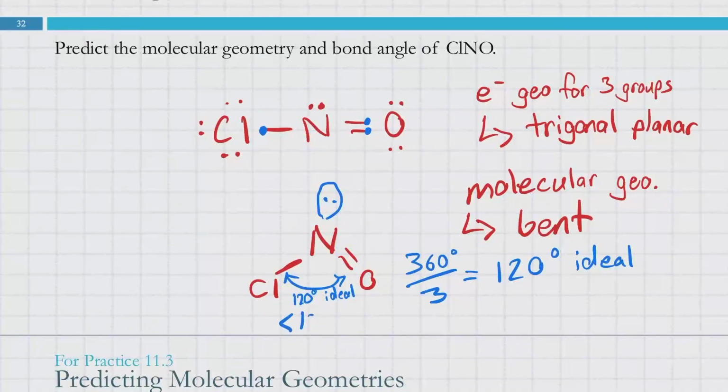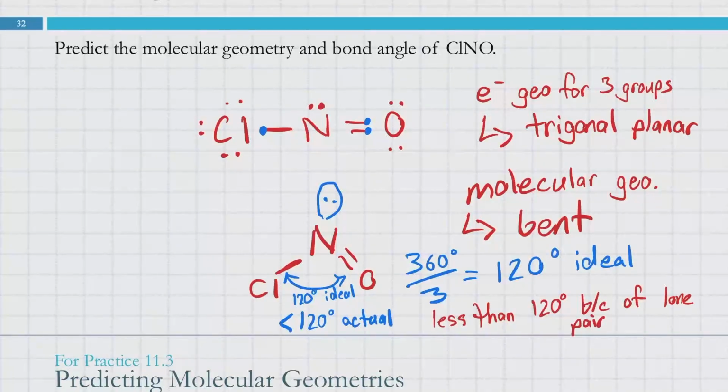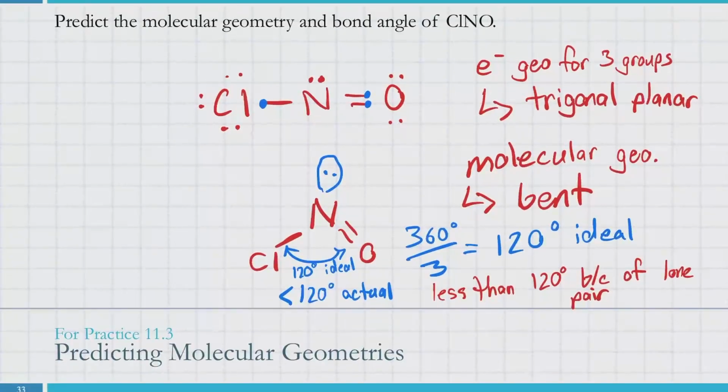It'll be less than 120 degrees actual. So less than 120 degrees because of the lone pair. Lone pairs repel more because they're a little bit more spread out. They're not locked between 2 nuclei.